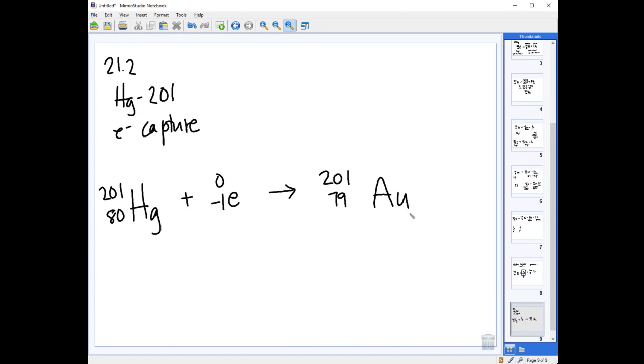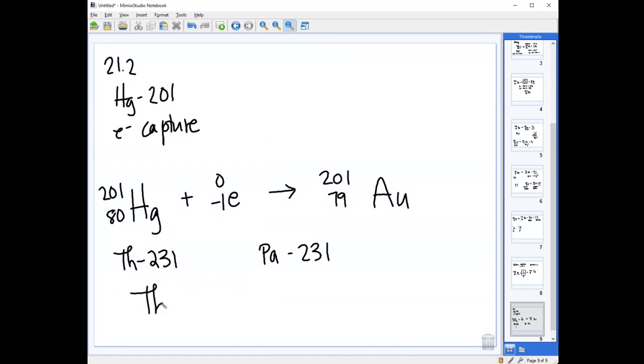It also asks us to identify thorium-231 decaying to protactinium-231, which is Pa-231.